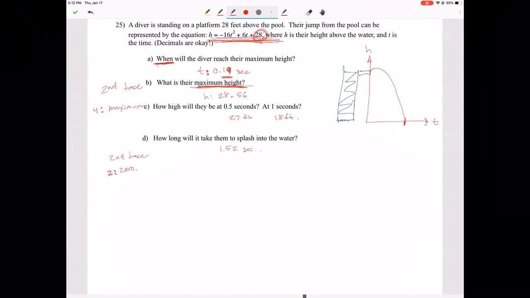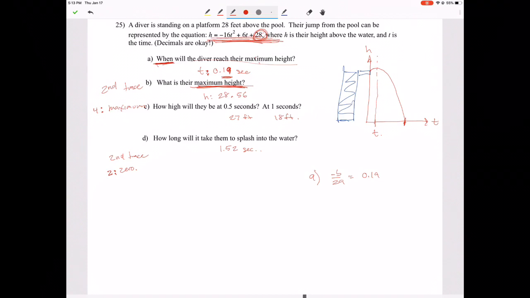Okay? If you had to do this by hand, how you would do it is the time, that will always be your axis of symmetry. Okay, this is your time. So you would want to use the axis of symmetry equation. So for a, you'd do negative b over 2a. Okay, it would give you 0.19 after you rounded.